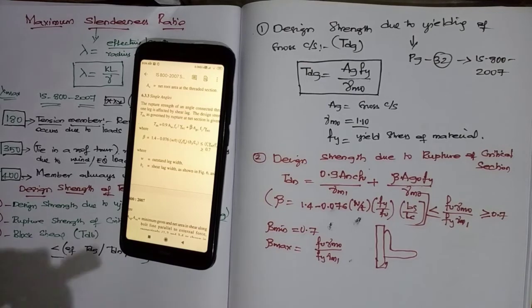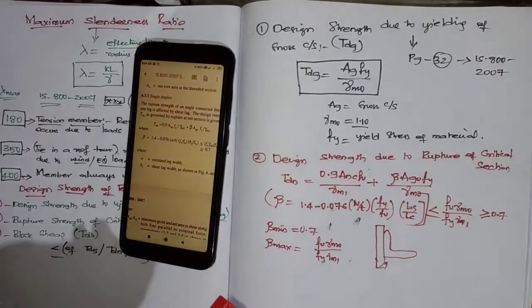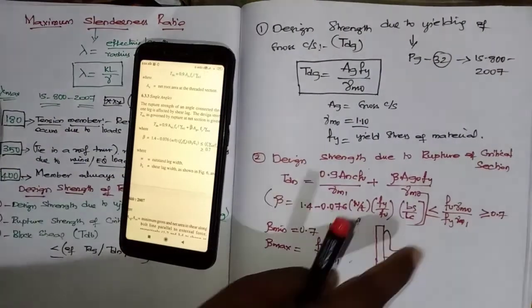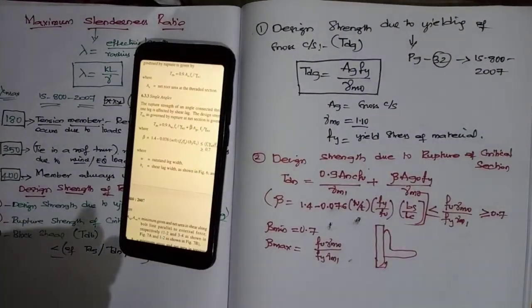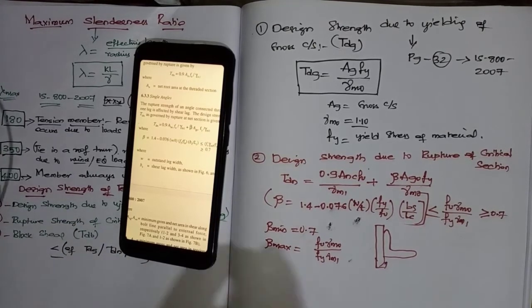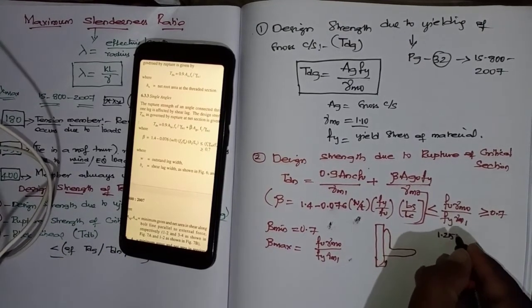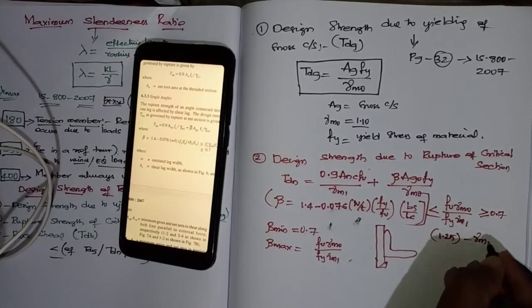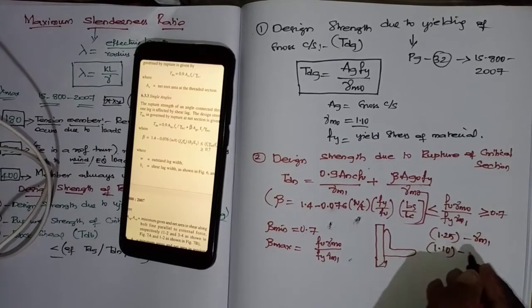Okay. Next, gamma M0 is nothing but the partial safety factor for material under yielding, and gamma M1 is the partial safety factor for material under rupture. How you will be taking? For rupture it is 1.25, that is gamma M1, and for yielding it is 1.1, gamma M0.